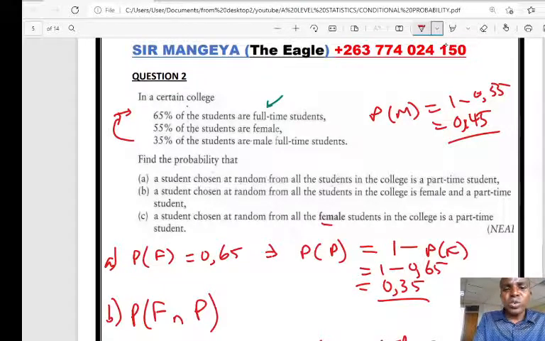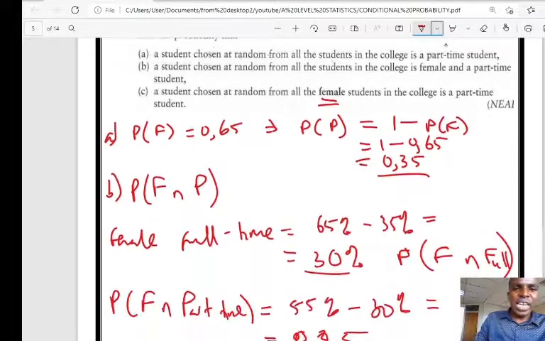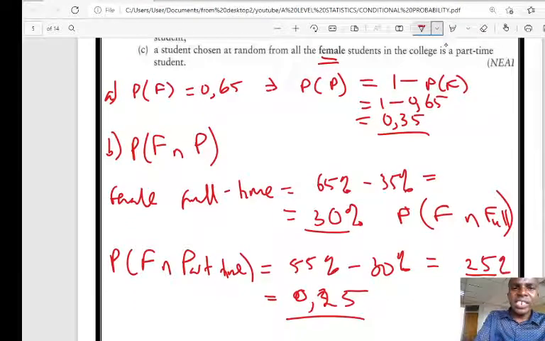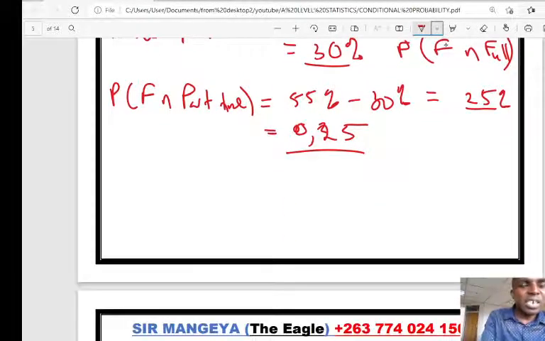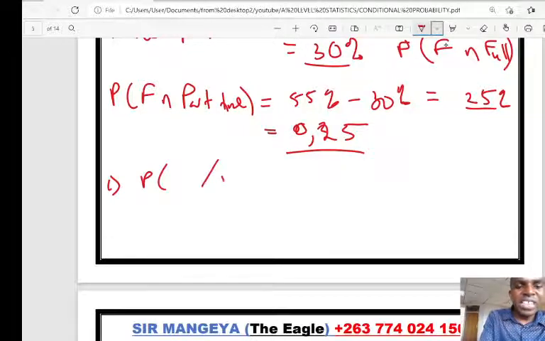Here we are supposed to take from only female. So we are choosing from female students, a part-time student. So in this case, we're given a condition. Part C is the probability of part-time, given that we're taking from females.